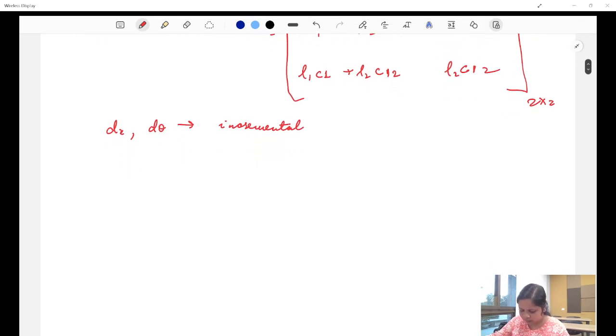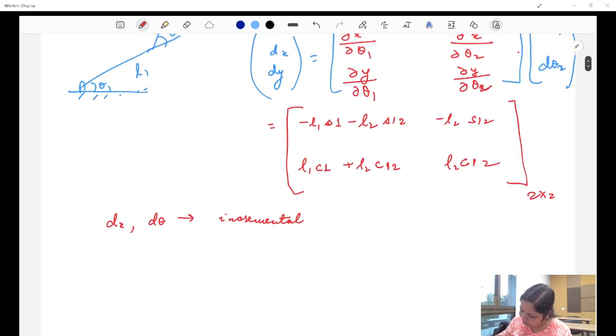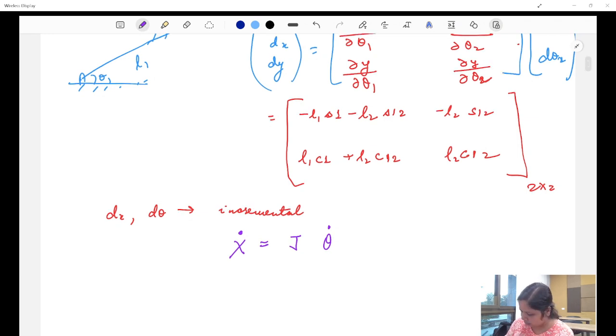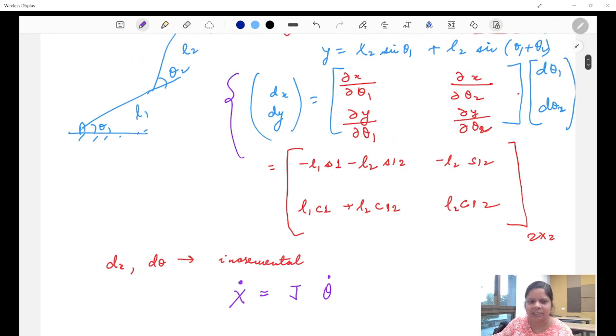Now, from here what do you get? We establish a relation that x dot is equal to J into theta dot. Don't take x and theta to be just one value; it is rather a vector. You can see from here that x comprises dx and dy, and theta comprises d theta 1 and d theta 2.